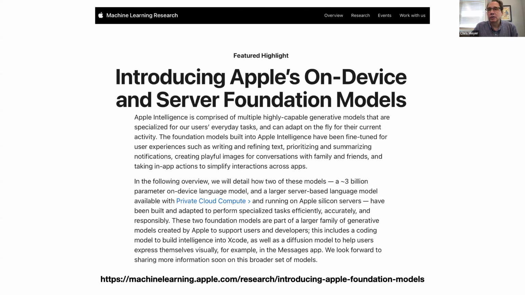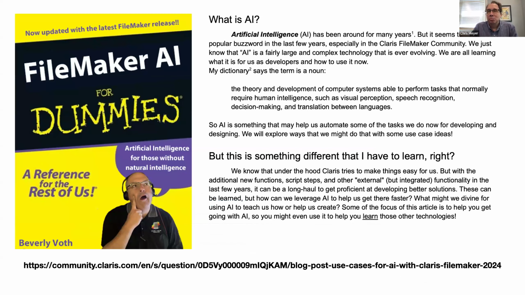And then also, speaking of AI content, Beverly, you want to talk about this? I wrote a blog post, and it really was meant for general audiences, telling me the terms and what's new in FileMaker 24, and put it out there.